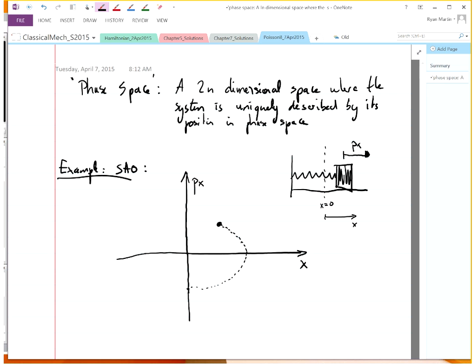Then it gets to the point where the spring is at rest, so x is equal to 0. But it's going to keep going, because now it's gathered momentum, until it slows down to a maximum value of x and 0 velocity or 0 momentum. And then it's going to reverse. It's going to start speeding up, so its momentum is going to increase, and it's going to go back to the origin, and then it's going to go back to where it started.